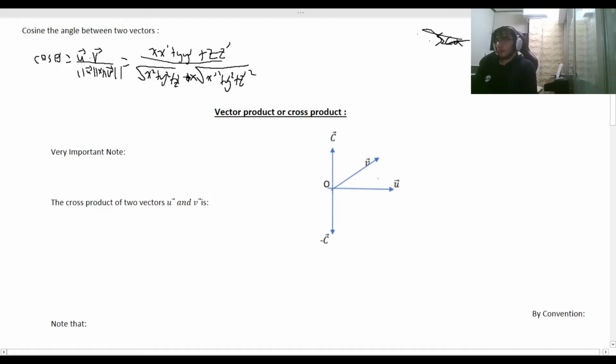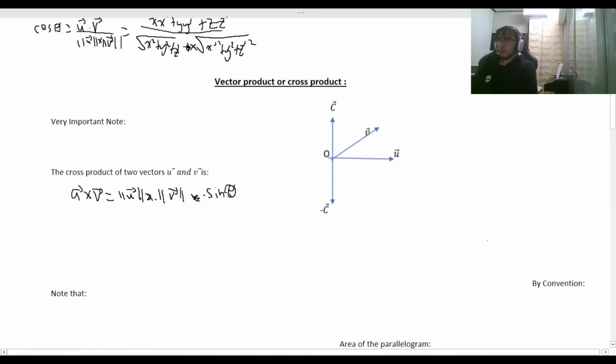So in this case, the cross product of u vector and v vector is another vector, c vector, perpendicular to the plane formed by u vector and v vector. So u vector cross v vector is equal to the magnitude of the first vector multiplied by the magnitude of the second vector multiplied by sine of the angle between the two vectors.